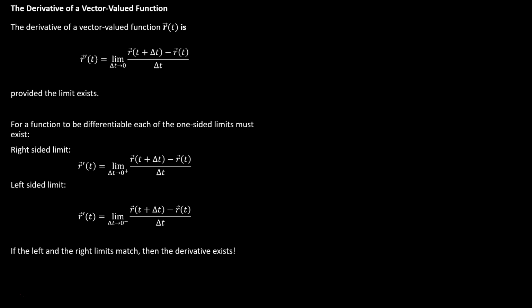So if we're curious whether this limit exists for the derivative function r prime, we need to check that the left-sided limit and the right-sided limit both produce the same value. If they do, then the function's differentiable and the limit exists.